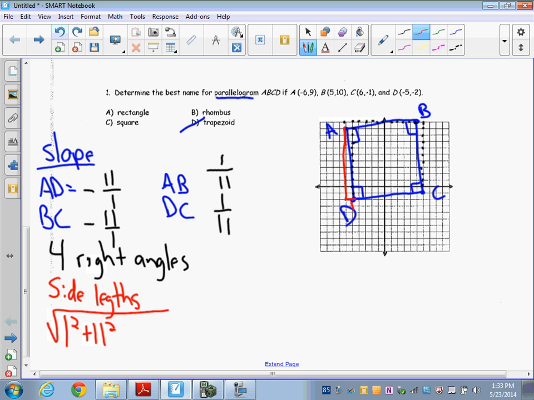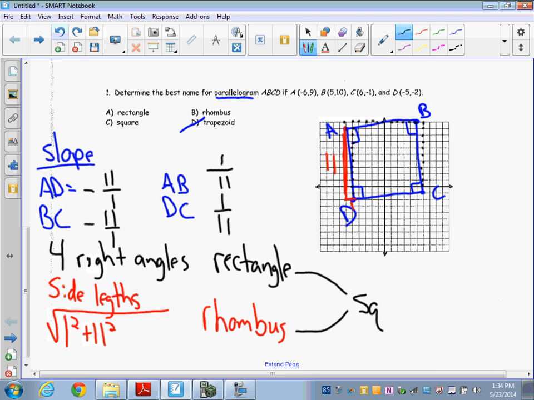This distance here is 11. So we can use the Pythagorean theorem, and you'll see that all the side lengths are equal. That means it's a rhombus. And since we have 4 right angles, that meant it was a rectangle. And whenever a shape is both a rectangle and a rhombus, that means it's a square.